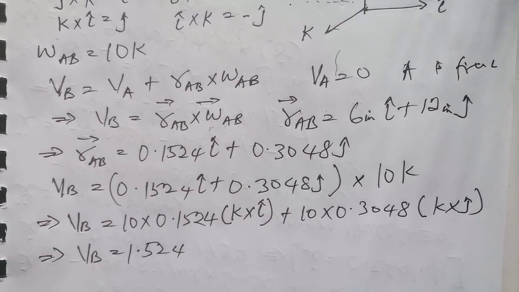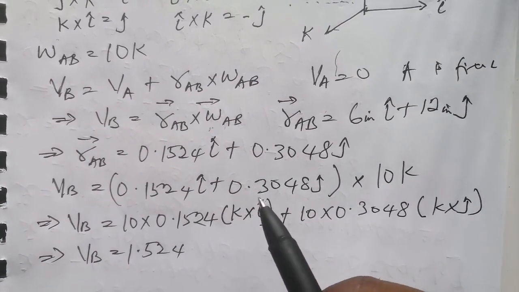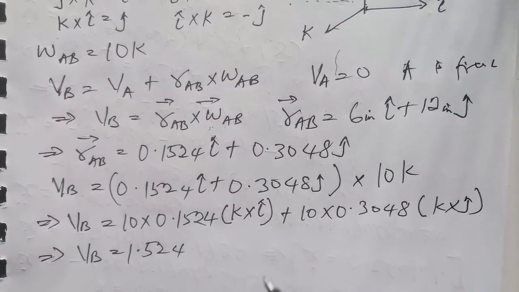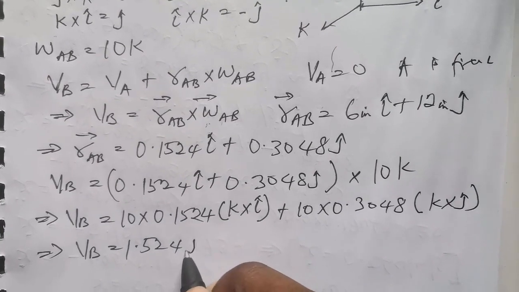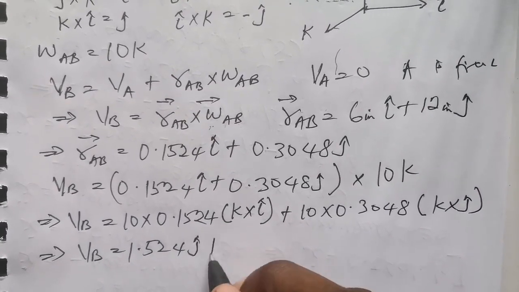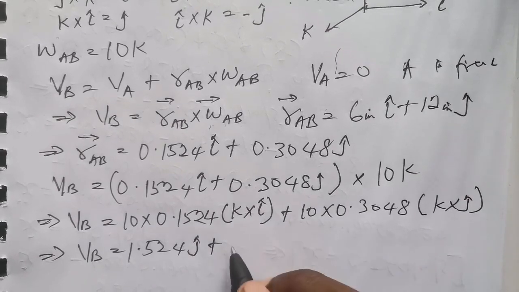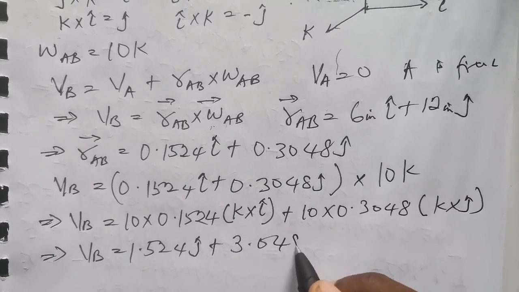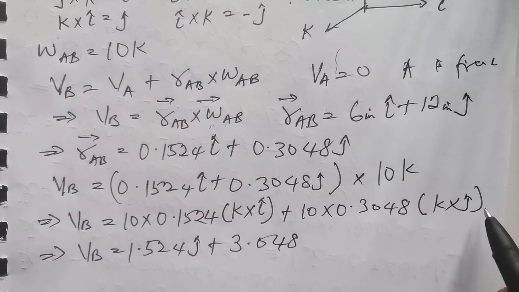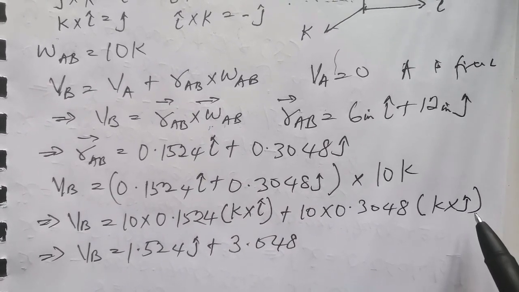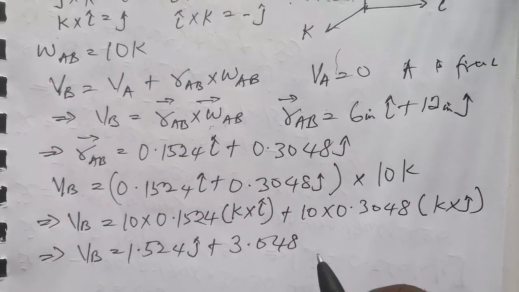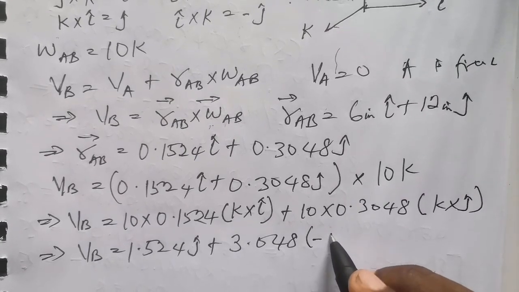Now, K cross I, not forgetting we said earlier, K cross I simply gives us J. Keeping this in mind, plus then we have 10 multiplied by 0.3048, which will give us 3.048. Then I have K cross J, and we said K cross J simply gives us negative I.